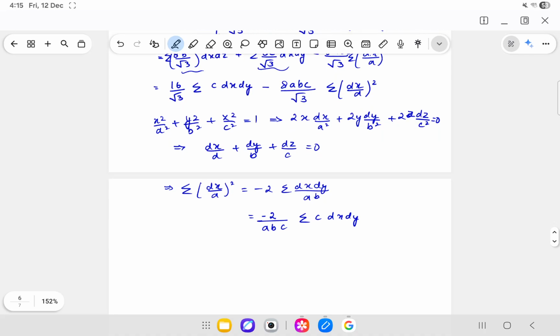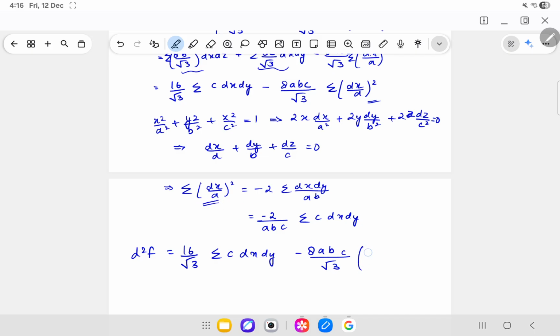So if we plug this value in d square f, that is here, what we'll get is 16 by square root of 3 summation c dx dy minus 8abc divided by square root of 3. So if I plug in this value here, it will be minus 2abc summation c dx dy.